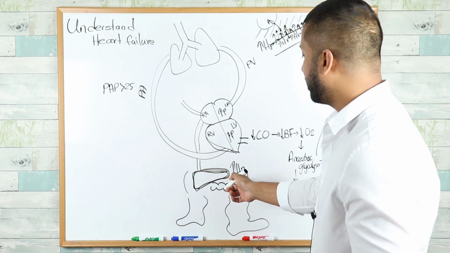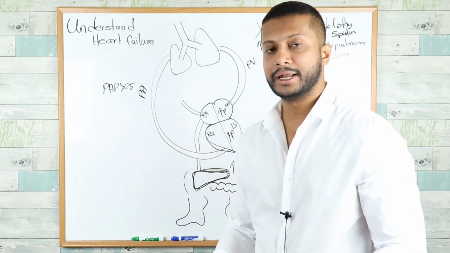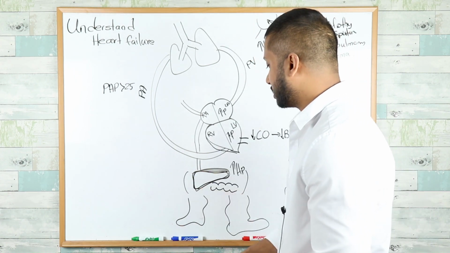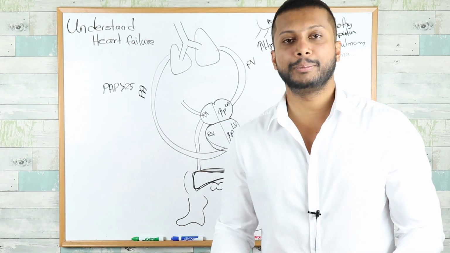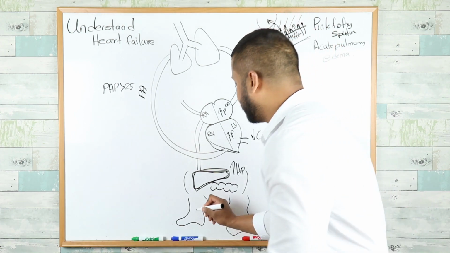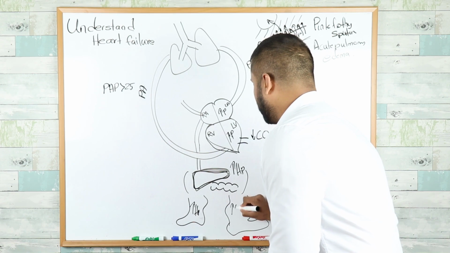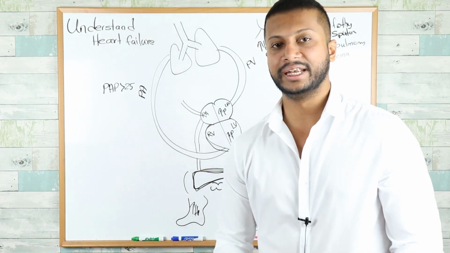So you have a lot of hydrostatic pressure within these blood vessels, and as a result you end up getting ascites. When you go down to the legs, you get pitting pedal edema. Again, why do you get pitting pedal edema? Increased hydrostatic pressure. That's it. It's all tied up to this one little Frank-Starling law. Increased hydrostatic pressure is the reason behind pitting pedal edema.